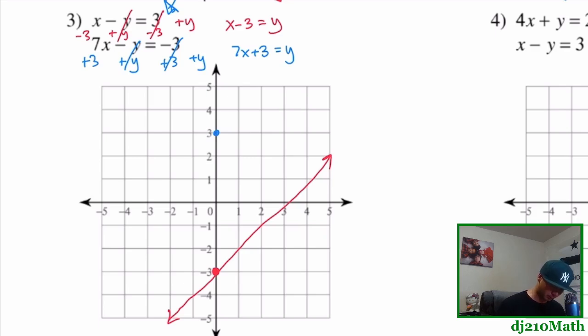All right, so this is going to be right here. So here, one solution, -1, comma, -4. That is the point, the solution to both the equations.